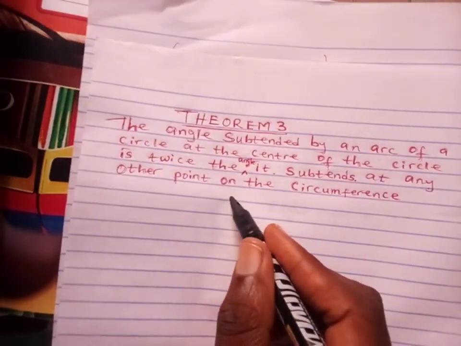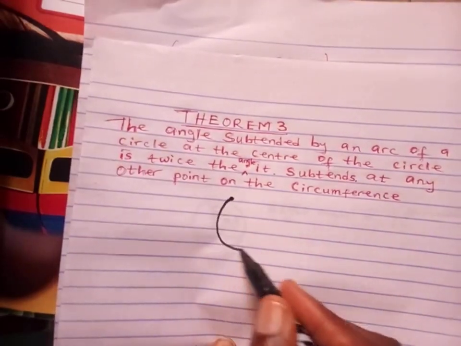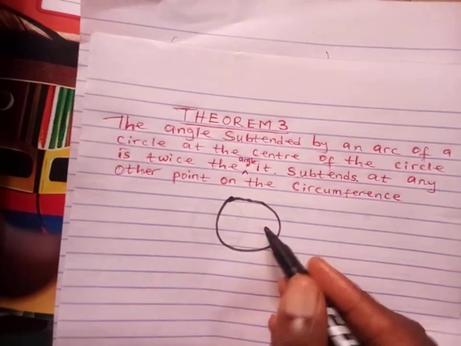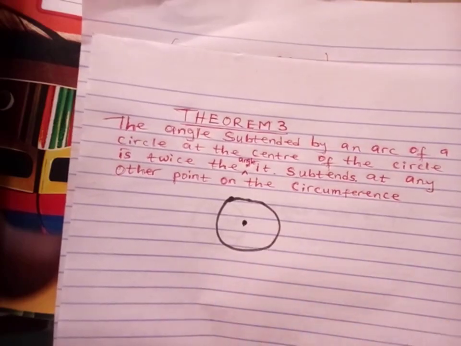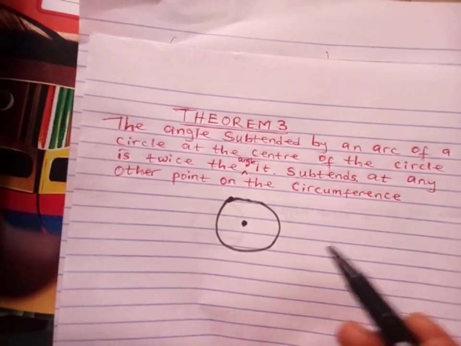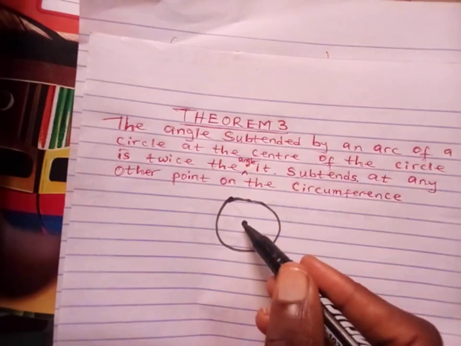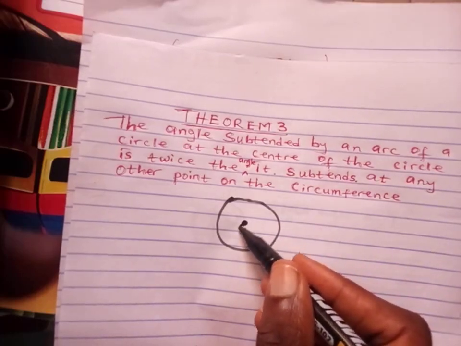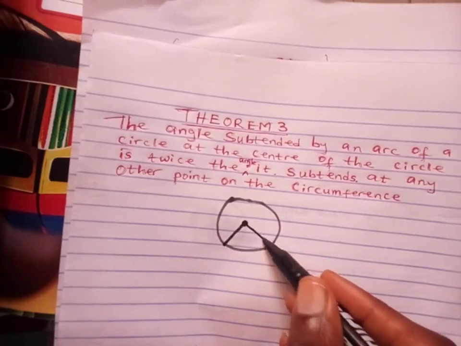Now look at this. You have a circle. What is this law? Let's take this point to be the center of this circle. Now, if you have an arc, let me take this as our radius.